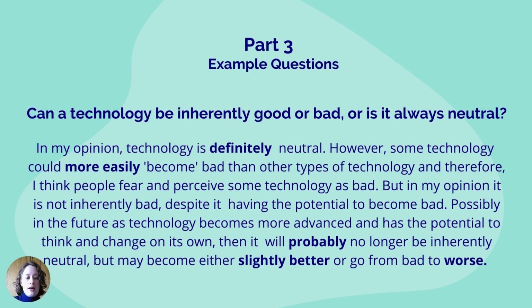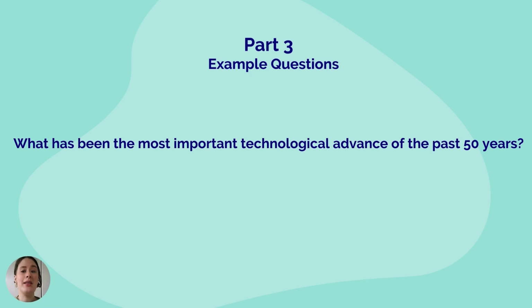But in my opinion, it is not inherently bad, despite it having the potential to become bad. Possibly in the future, as technology becomes more advanced and it has the potential to think and change on its own, then it will probably no longer be inherently neutral, but may become either slightly better or go from bad to worse.